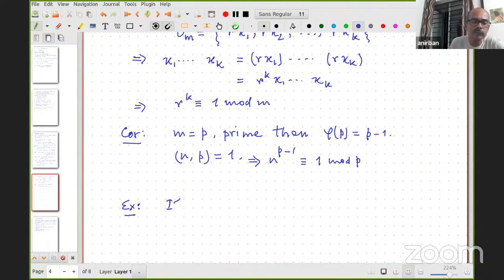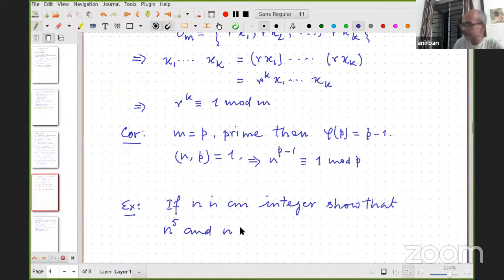So if n is an integer, show that n to the 5 and n have the same last digit in decimal expansion.